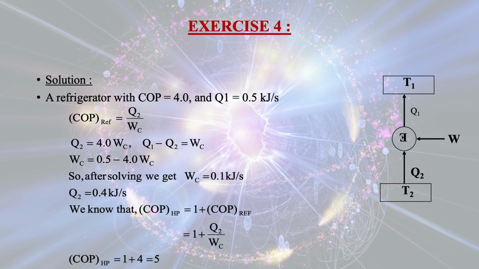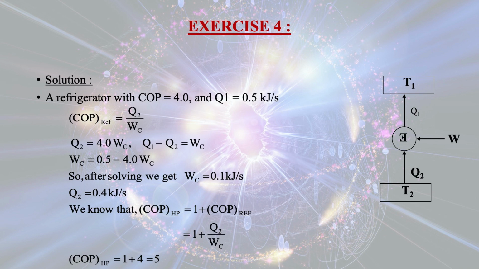Now COP of the refrigerator, you know very well, is equal to Q2 by WC. So Q2 is equal to 4.0 WC. So here you see Q1 minus Q2 is equal to WC. WC is equal to 0.5 minus 4.0 WC.